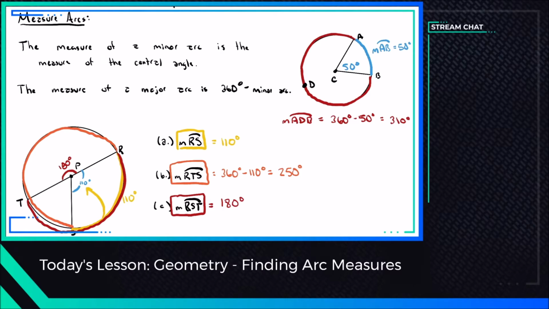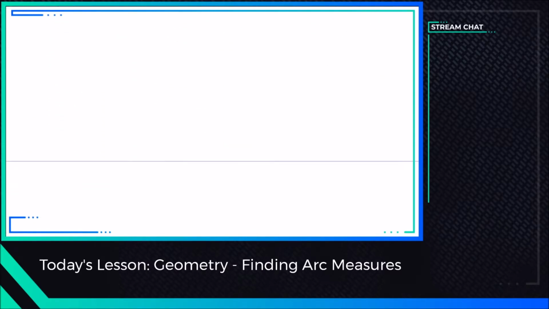All right. Next, we're going to talk about adjacent arcs. Two arcs are adjacent when they intersect at exactly one point.